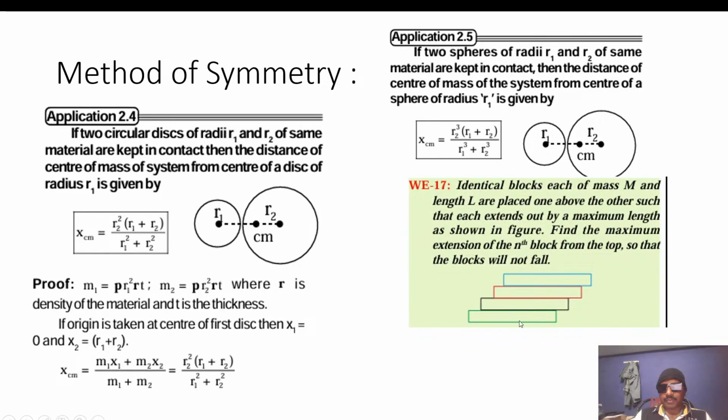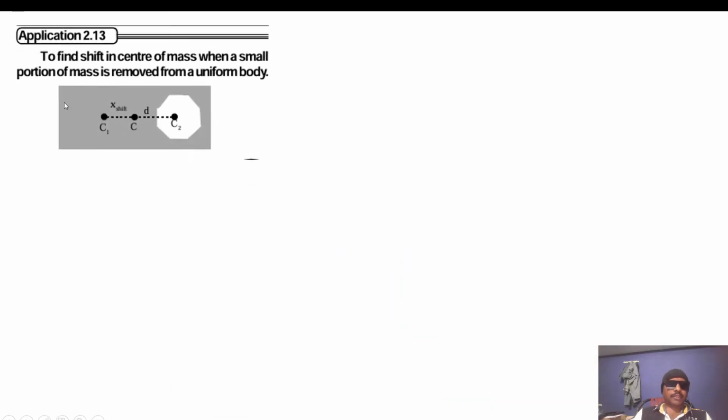This is also one of the important ones. Final formula is xn equals 1 by 2n.